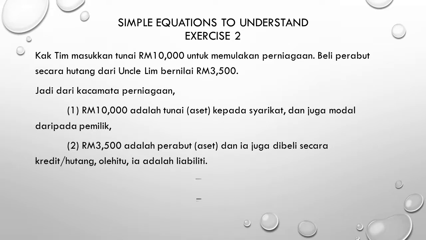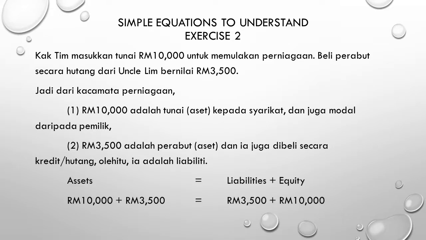This is another exercise, just an expansion from the previous slide. In this case, we have a liability. The story is I put in 10,000 into the business, and I bought furniture on credit from Mr. Lim for 3,500.